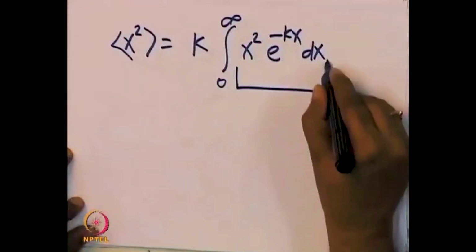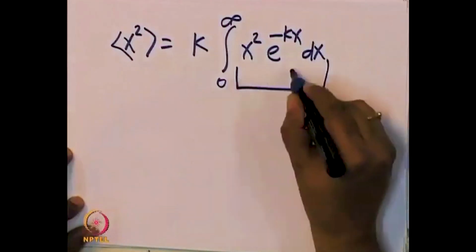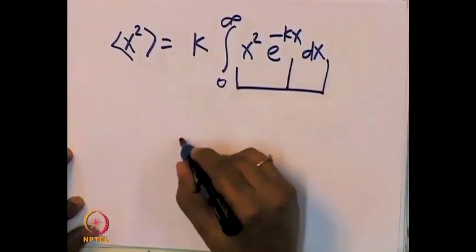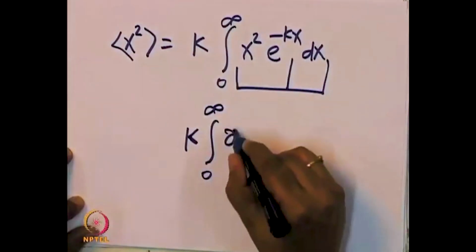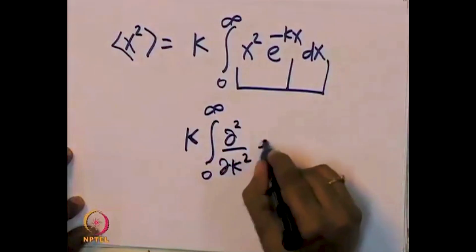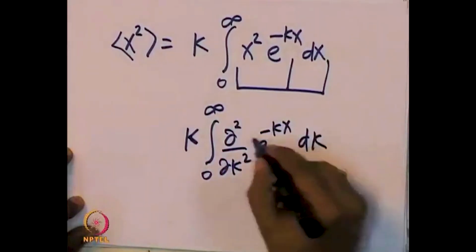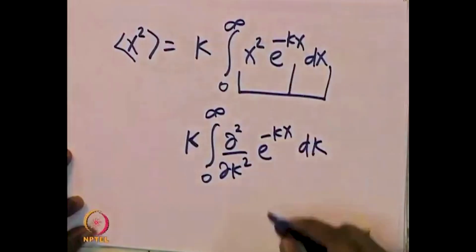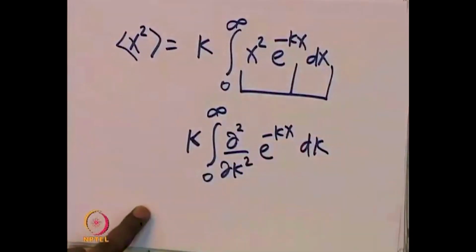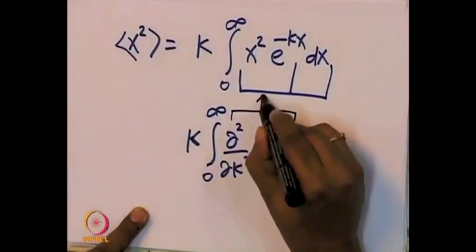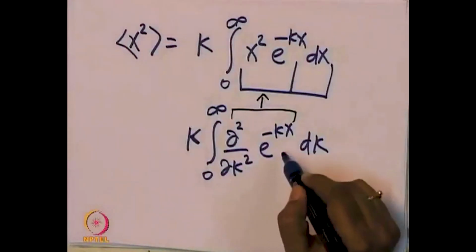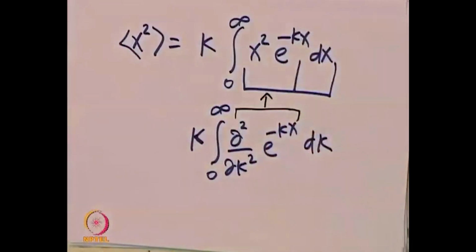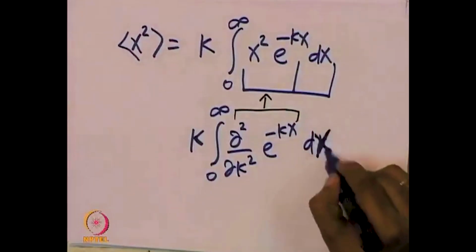The standard technique is that you can write this x square e power minus k x part as del square by del k square of e power minus k x. Just like we did before, you can convince yourself that del square by del k square of e power minus k x is x square e power minus k x, and there is a dx.